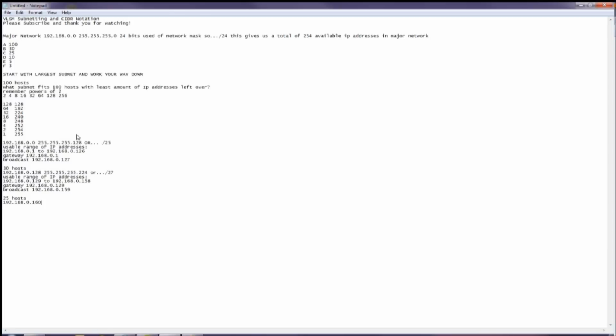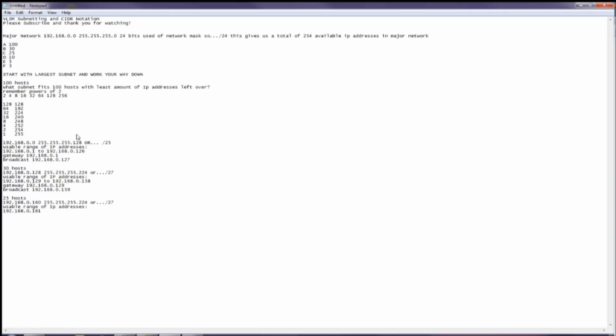So it's going to start with a network address of 192.168.0.160. And the subnet on that is 255.255.255. It's actually going to be 224 as well, because we can only go up to the 224 subnet to get 30 IP addresses, since 16 isn't enough.